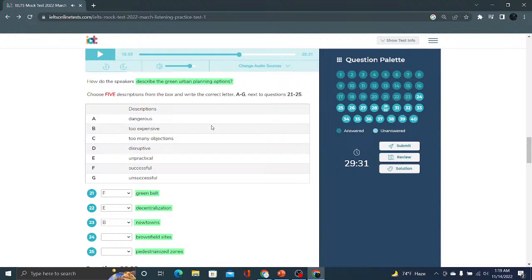Okay, it's a little bit tricky to capture the answer because he was saying first we need to look for the keyword brownfield sites.